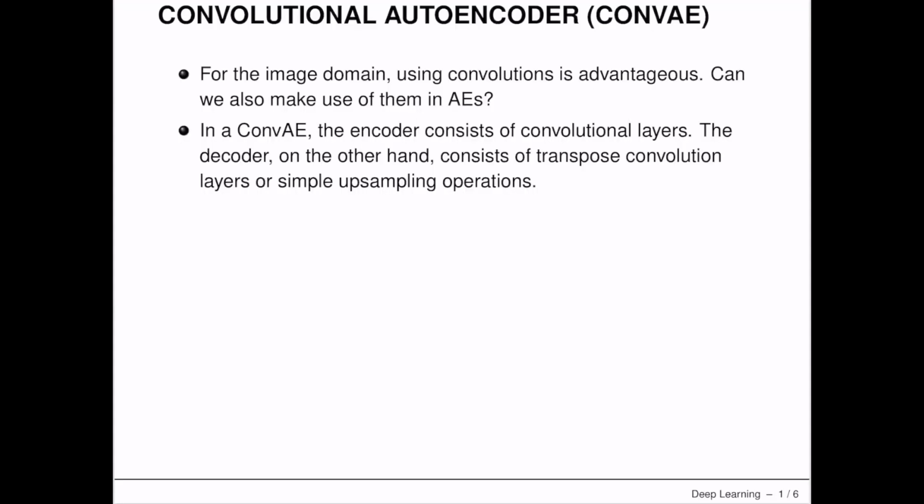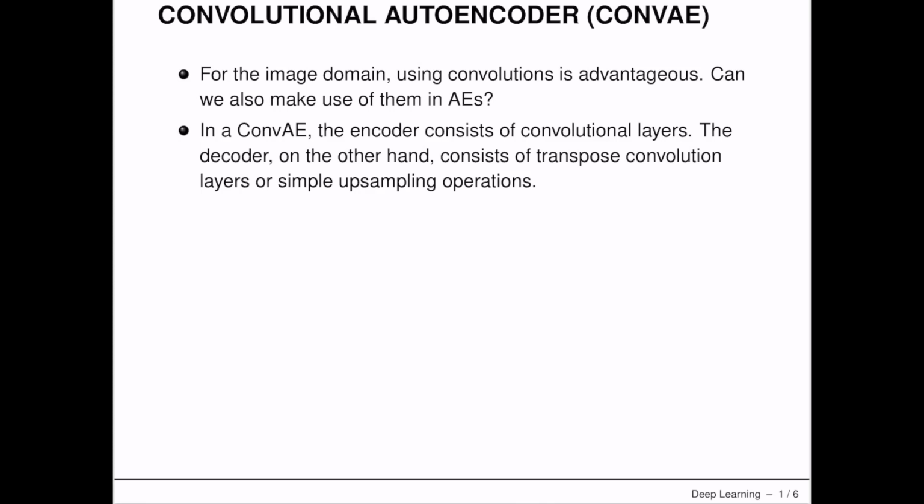Now we can ask if we can use convolutions in autoencoders as well, and of course we can, since autoencoders are just neural networks where we have the same kind of input and output. And this gives rise to so-called convolutional autoencoders.